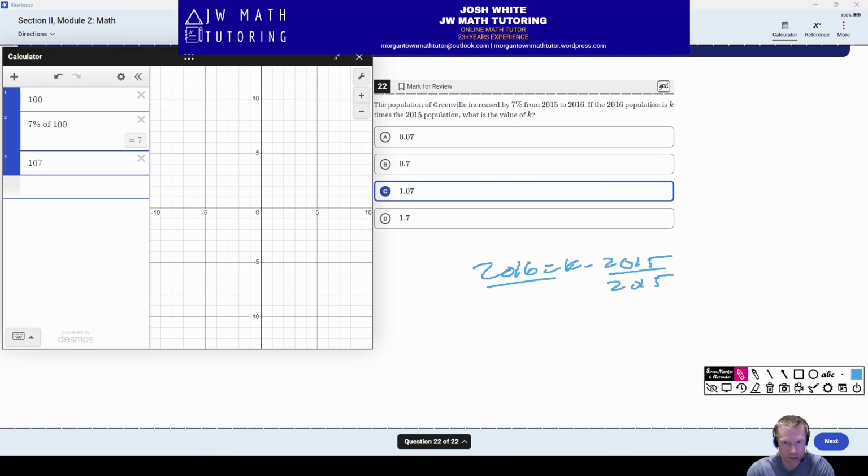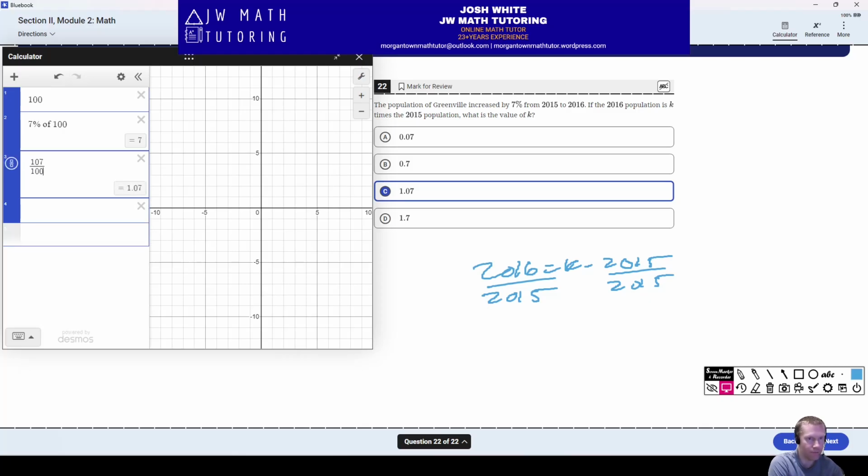So notice the k value is really equal to the 2016 population divided by the 2015 population. Or in other words, 107 divided by 100, which is 1.07. We get the same answer. So again, this is basically picking numbers. I picked a number for 2015, I calculated what 2016 would be, and then I used those to find the value of k.